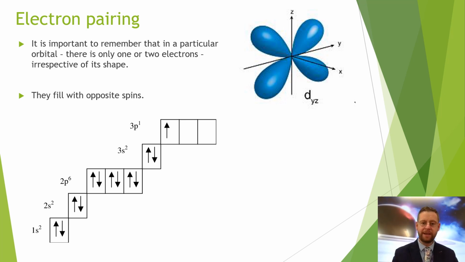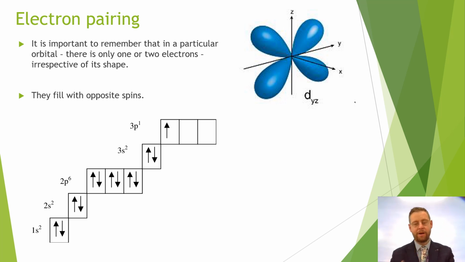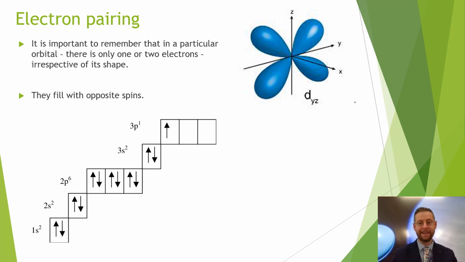But how do they fill? You'd get an upward arrow in the x, an upward arrow in the y, an upward arrow in the z, and only when there is one electron in all 3 will the second electron start to join. You would never get a pair within a given subshell when there are empty parts of the subshell. They'll be up, up, up, and then down, down, down, in that sequence.